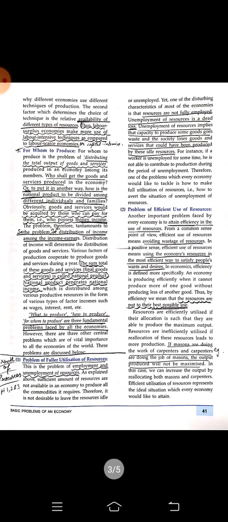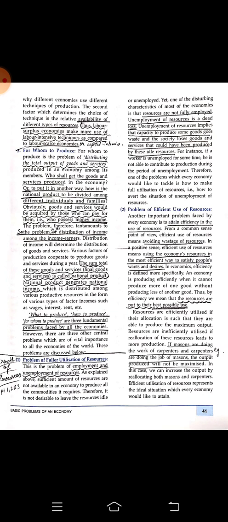For whom to produce? Distribution of the total output of goods and services. As they are making the product, who is going to buy, for whom are they producing? It's as simple as this: whoever is able to pay the money is going to gain the goods and services.